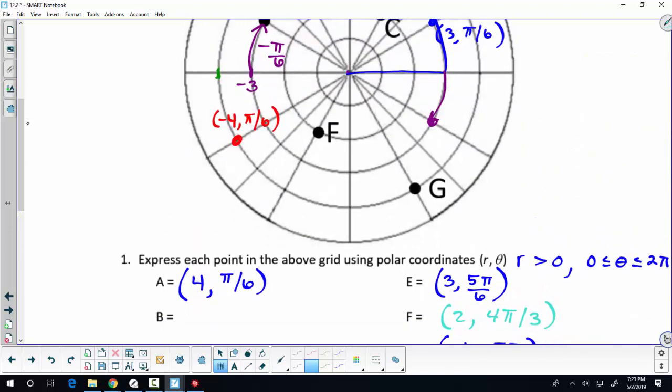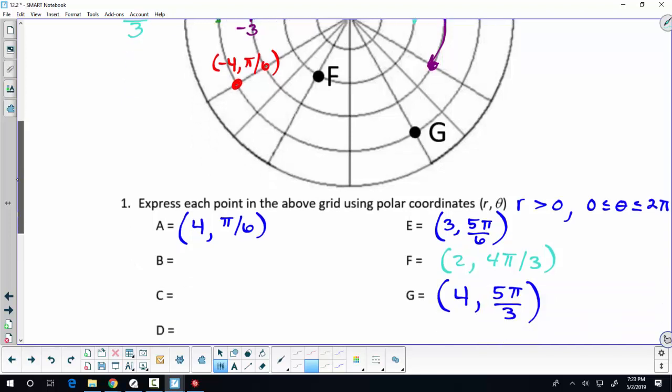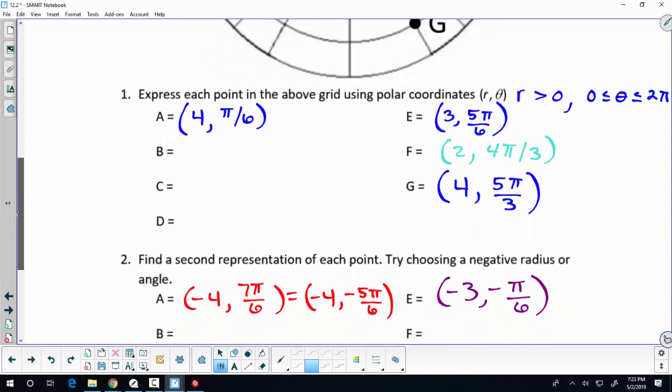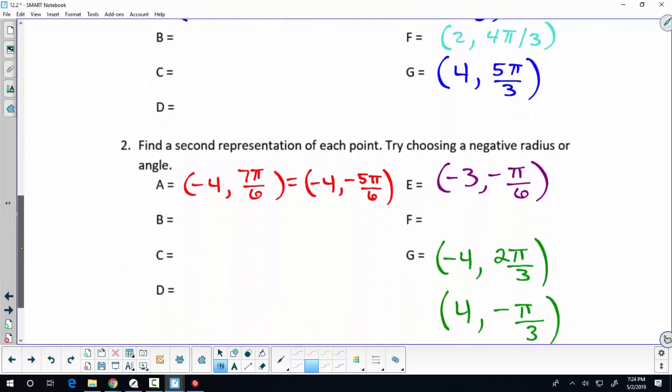So we go out 2, and then our rotation this way is 4 pi over 3. Because this is 3 pi over 3, right? Each tick mark, except we skip over these middle ones because those are the pi over 4 ones. So 4 pi over 3 when r is positive and theta is between 0 and 2 pi. Alternative representation for F.